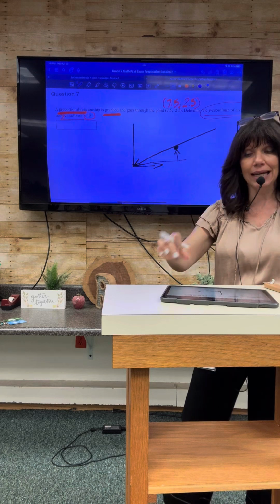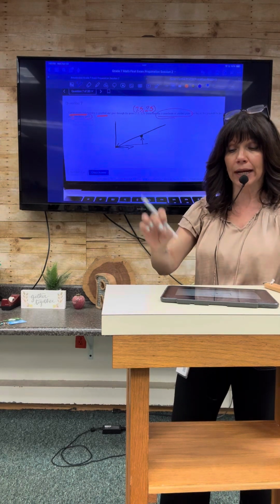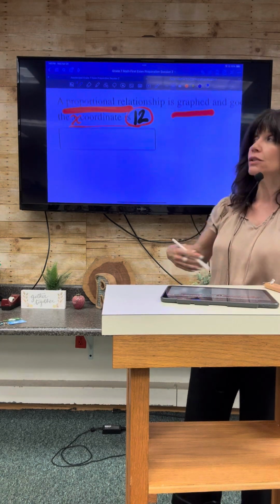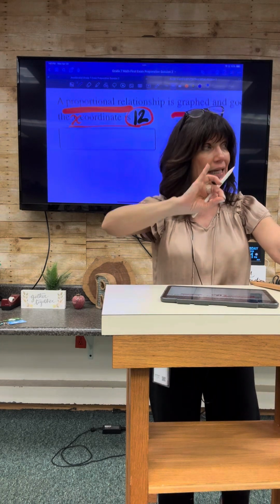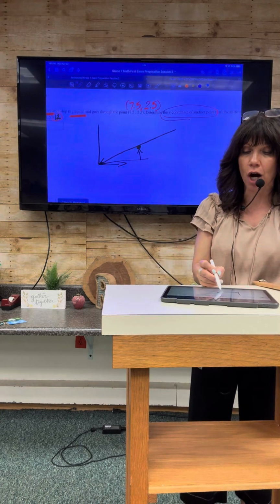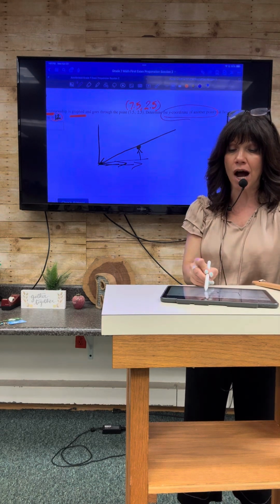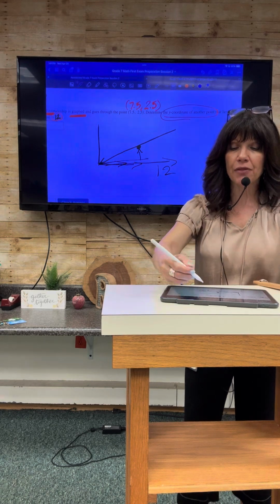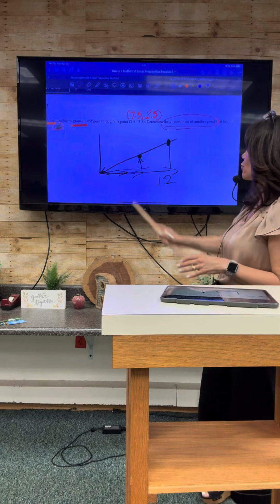Now what they're asking is, what if my other plotted point had an x value of what, class? 12. What would the y value be? So, for example, if instead of going across 7.5, they would have gone across 12, and then up to wherever that would be on that straight line.